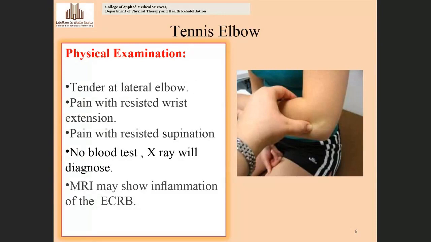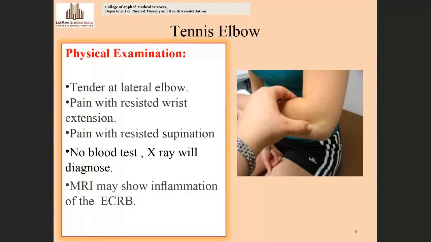And what are the important physical tests or physical examinations for tennis elbow persons? The person has pain or tenderness at the lateral elbow region, and there is pain with resisted wrist extension, and also pain during resisted supination movement.